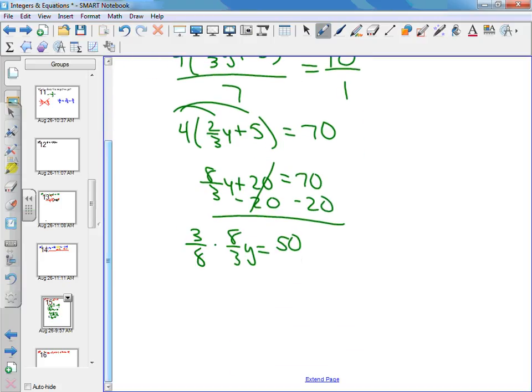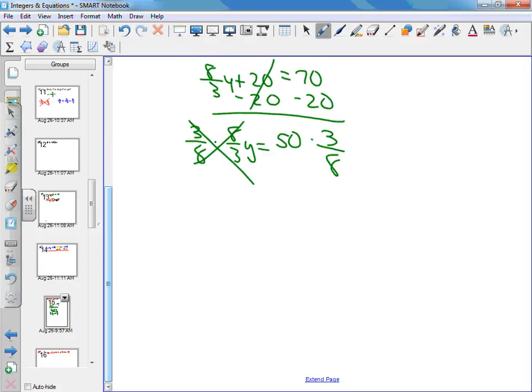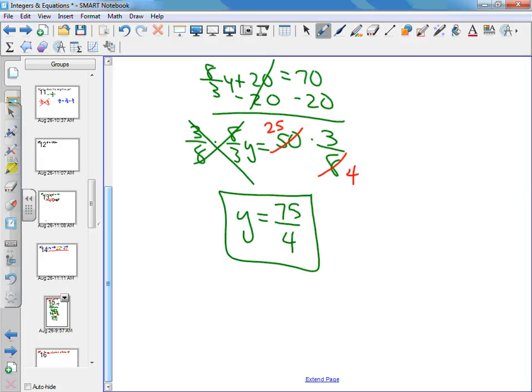Yeah. Multiply by 3/8. Plus cancel. This becomes a 4. This becomes a 25. To give you the 75 over 4. You see that, Rachel? Yeah. You good now? Yeah. Any other questions?